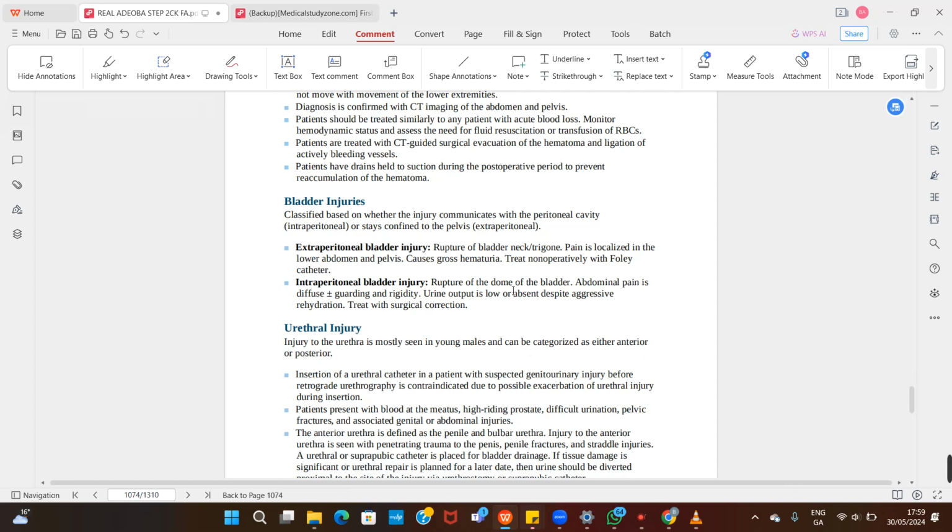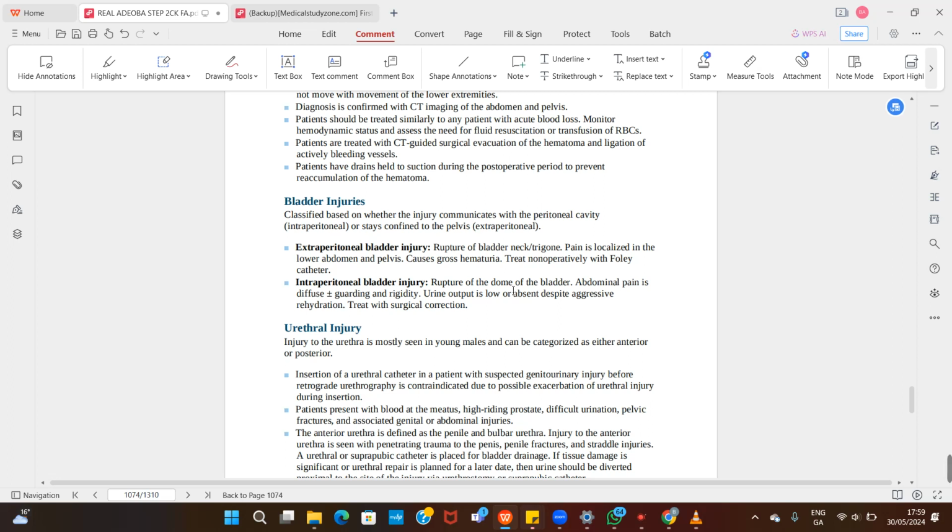You can get a history of the patient complaining of suprapubic pain. So you can also elicit suprapubic tenderness, right? Hematuria, suprapubic pain or tenderness. Of course, they'll have difficulty voiding, right? Those are the three major findings in an individual with bladder injury.